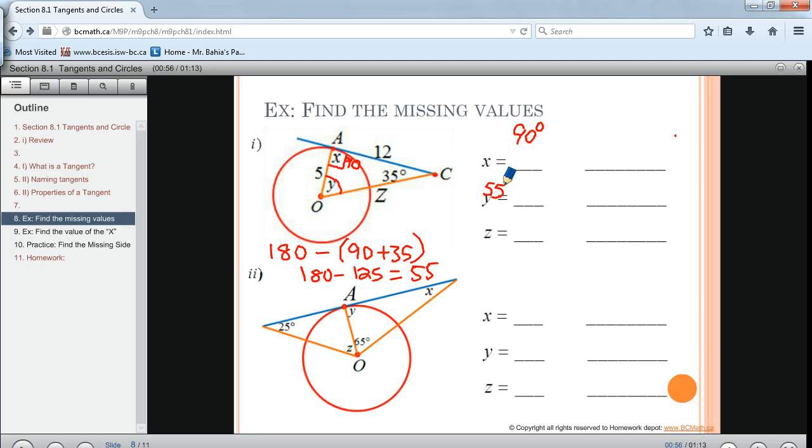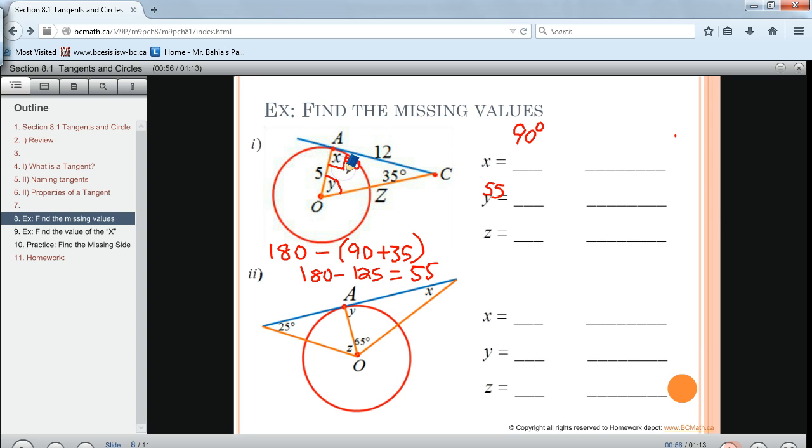Alright, now, how do you figure out missing side Z? Okay, well, that's a right angle triangle right there. See that? What do you know about right angle triangles? Pythagoras, my friends, Pythagoras. I'm not going to do it for you, but there's the 12, there's the 5. That side we don't know.